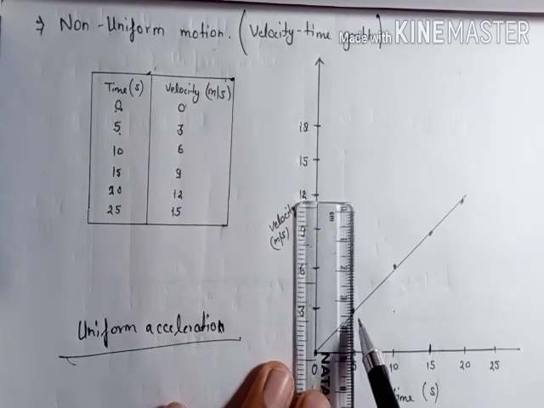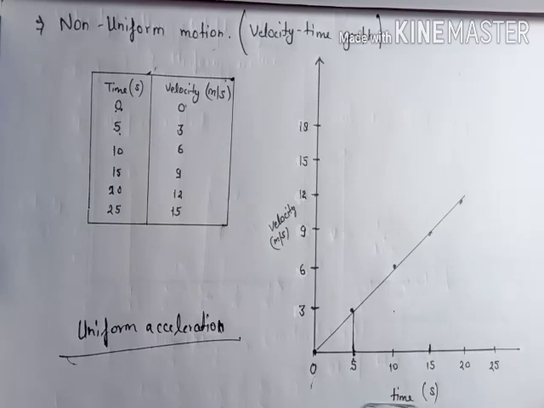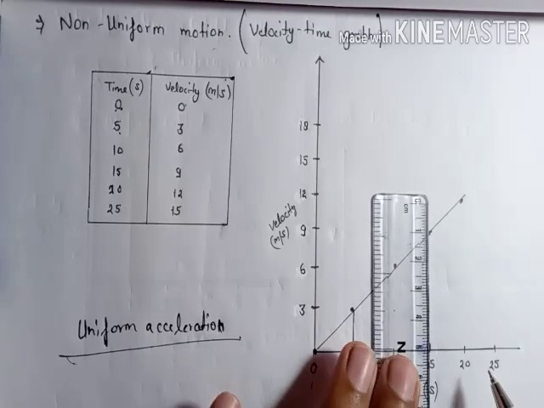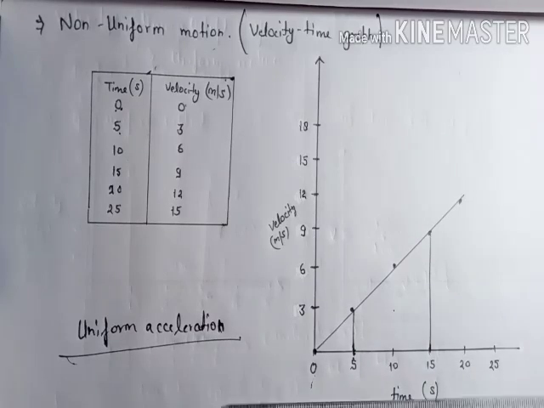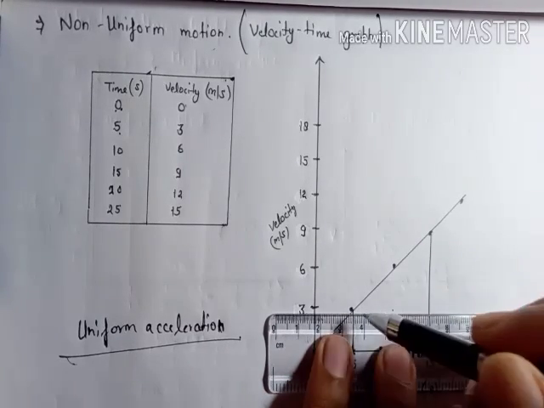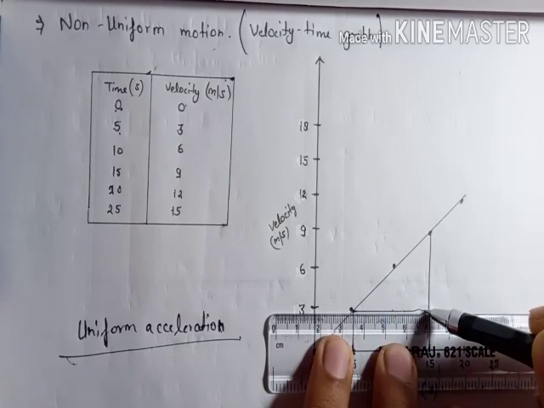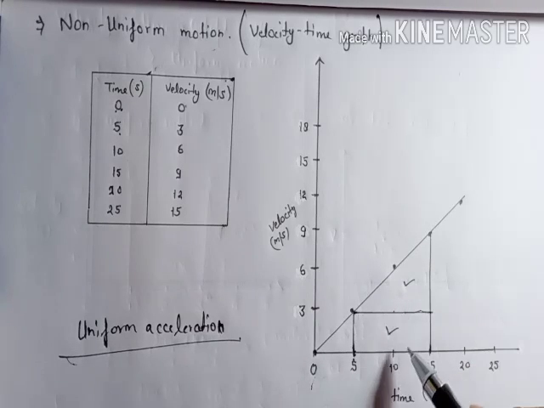Meet these points of 5 and 15 to this graph and you will get a trapezium. Divide this trapezium in two parts. This becomes a rectangle and this becomes a triangle. Now if you add the areas of this triangle and this rectangle, you will get your answer.